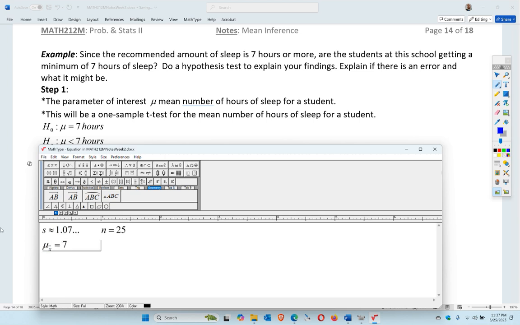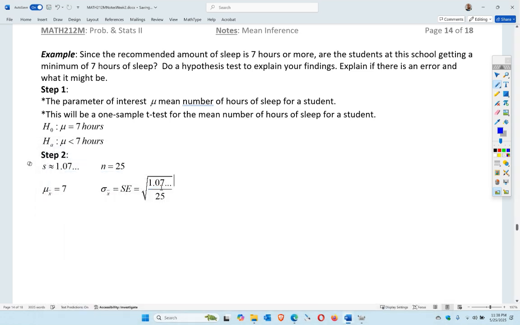We'll copy this and change that to standard deviation. So the standard error equals the ratio, 1.07 dot dot dot over the square root of 25. Okay, let's see what that works out to be.